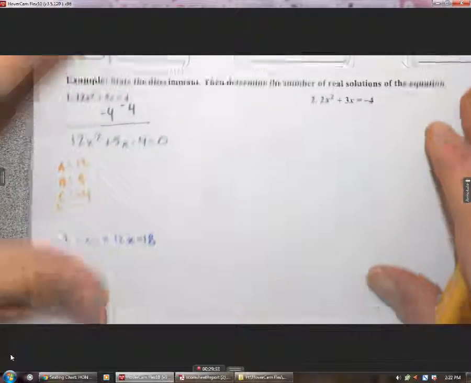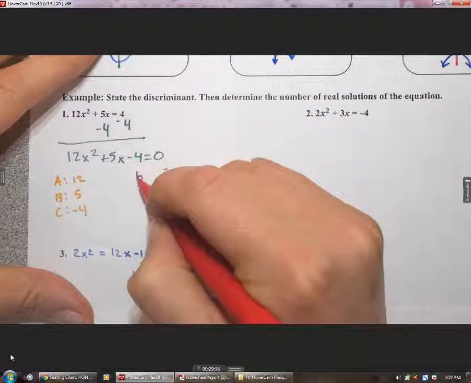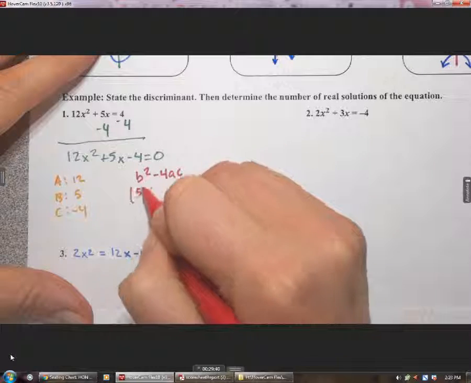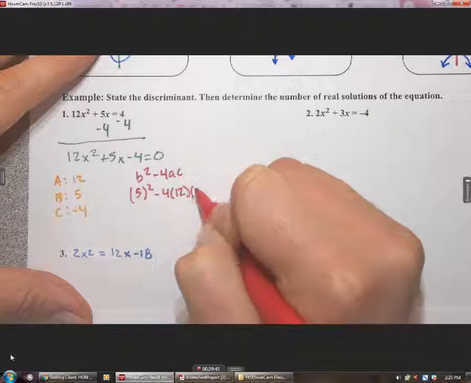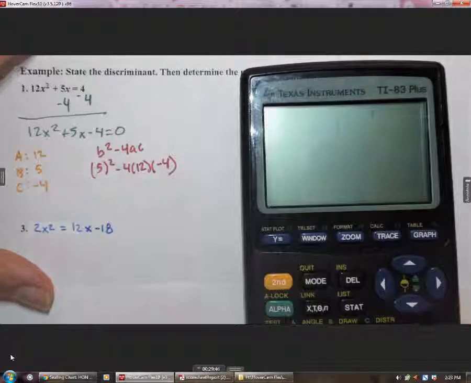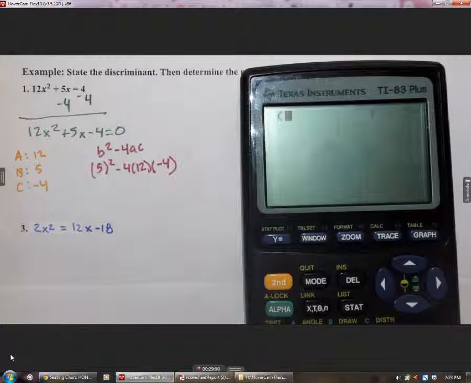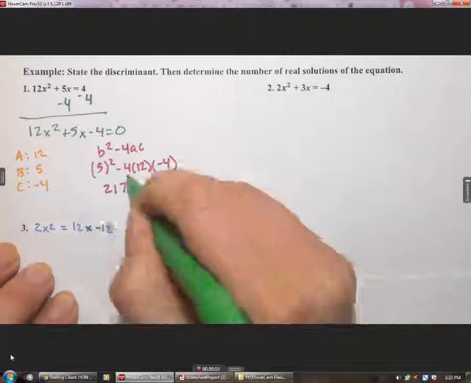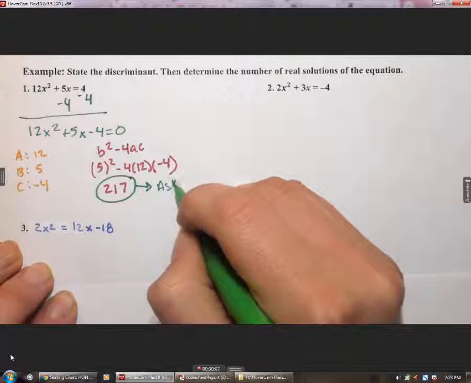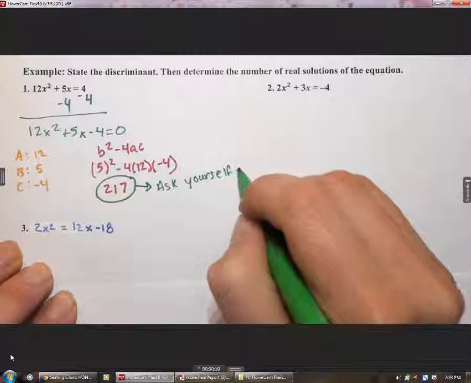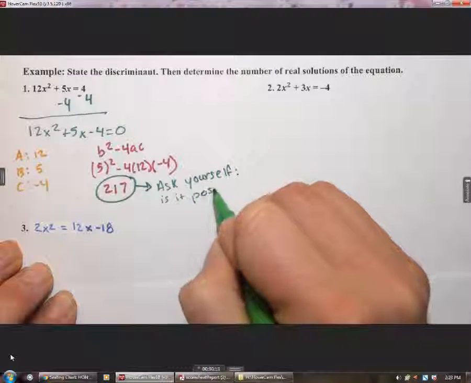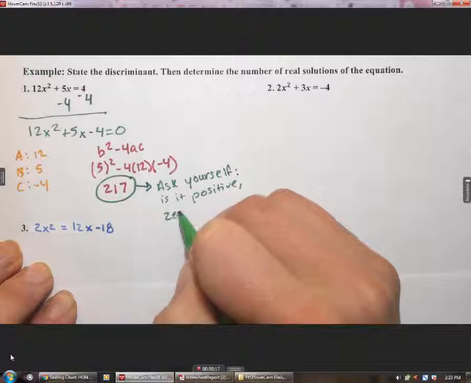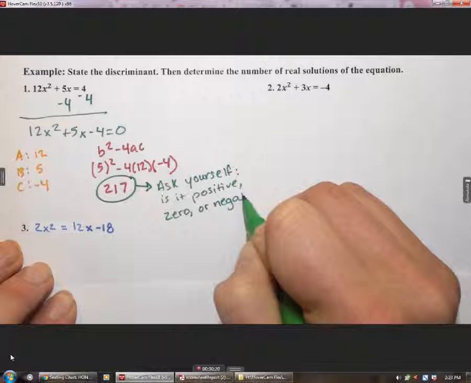B squared minus 4AC. So my B is 5, squared, minus 4 times 12 times negative 4. In my calculator, I have 5 squared minus 4 times 12 times negative 4. I get 217. The question that you're asking yourself, I'm even going to write this off to the side: is it positive, 0, or negative?